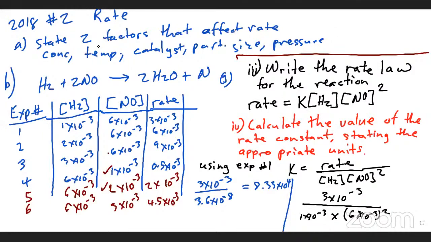Normally, they give you the formula if they ask you to find the rate. No, they can just give you the experiment and ask you to write the rate equation and then ask you to find K. So it can come both ways.